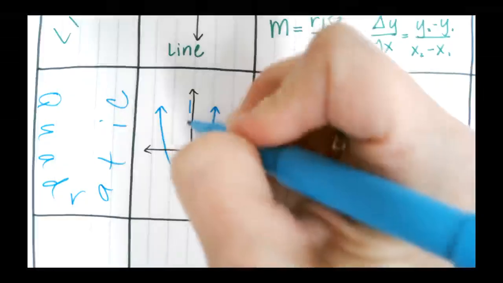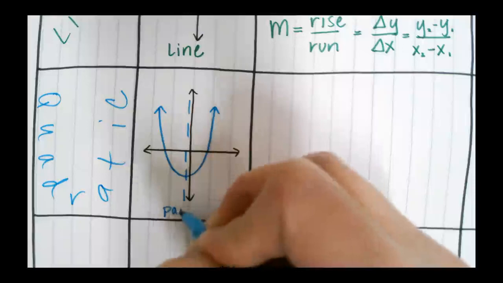All right, the graph of a quadratic creates a parabola. The quadratic is the function, parabola is what we call the shape that it makes on the graph. And we have our axis of symmetry right there.